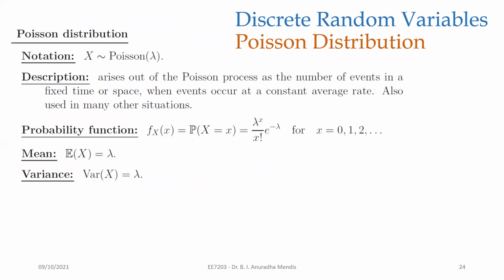Okay, so what is the description? In which type of random variables can we have this distribution? Here you can see it arises out of the Poisson process as the number of events in a fixed time or space.